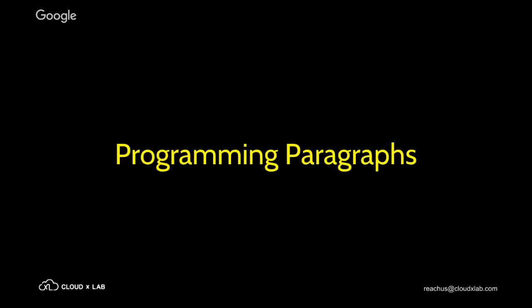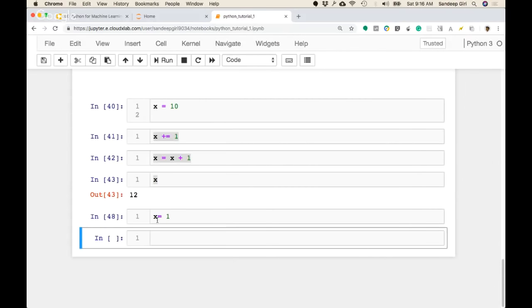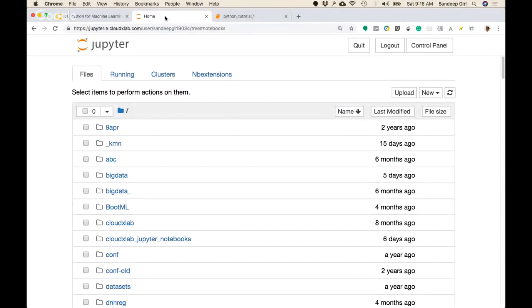Now, you can combine all of these commands to form a full program. Interactive Python is good for statements where you have three or four lines and so on. But if you want to create a full-fledged program, you will have to go to the console. Let me show you.